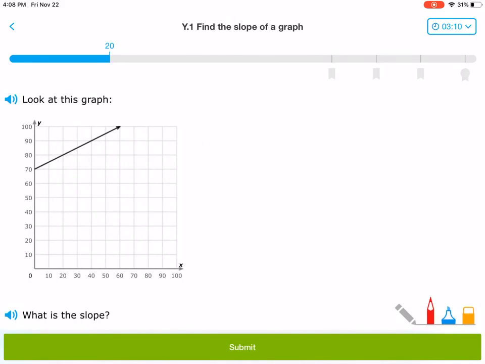One more example. So looking at this graph, we're going to find 2 points. We're going to look at where the points are actually crossing the 2 lines to make it easier. Okay, so there's 1 point. Here's another. All right, let's look at our rise over run. Slope equals rise over run.